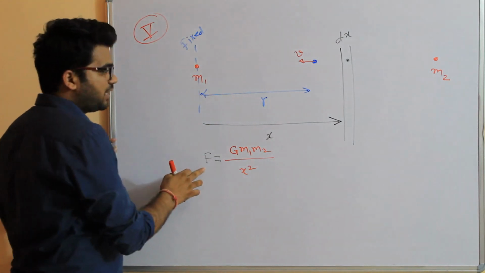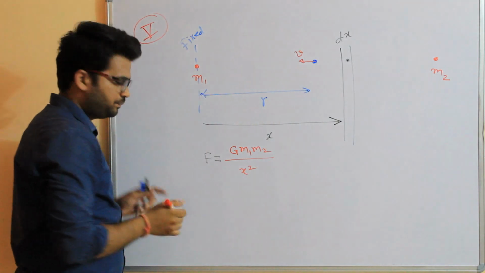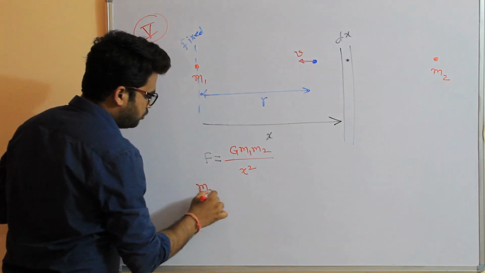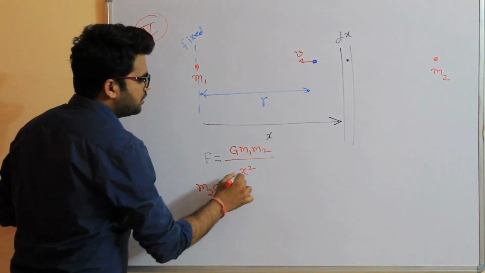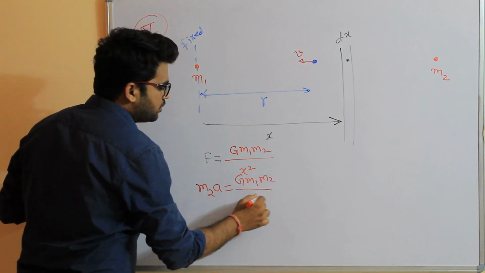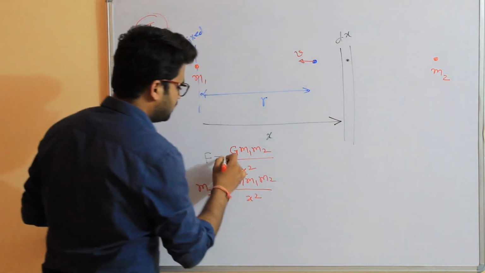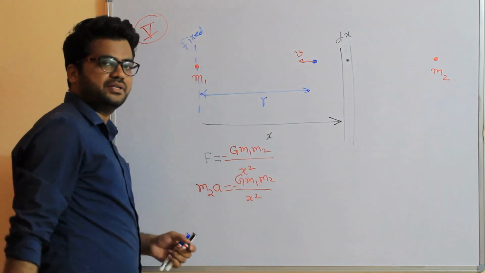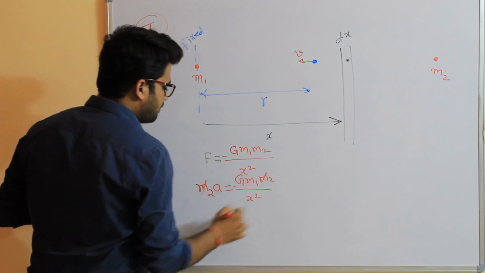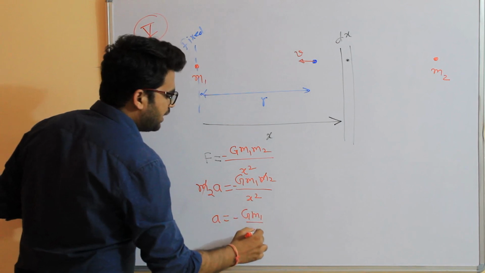Or else this F can be written as the mass of this body into acceleration at this point. So let us consider M2 into A, which is equal to G M1 M2 by x square. Now this is always a force of attraction, so this must be with a negative sign. So this M2 gets cancelled, and acceleration we can write as minus G M1 by x square.